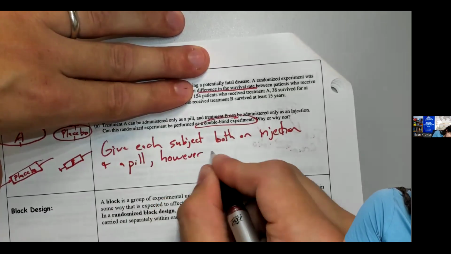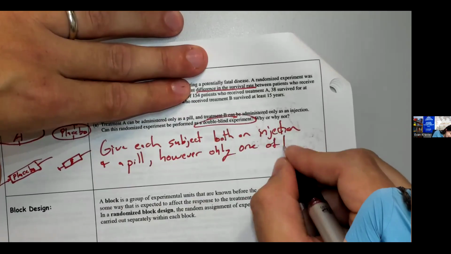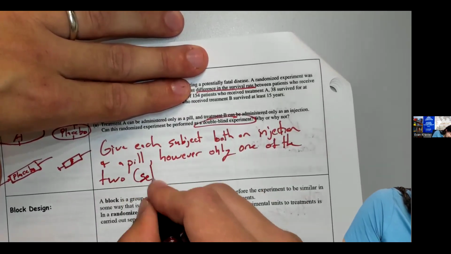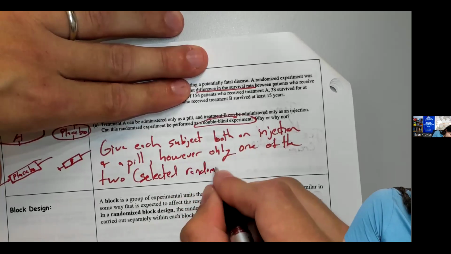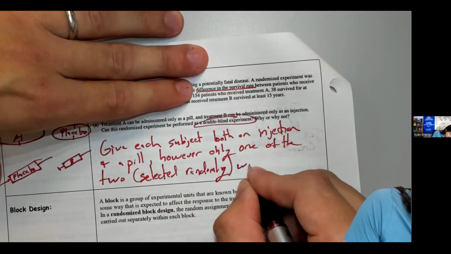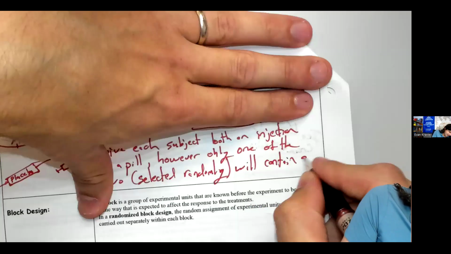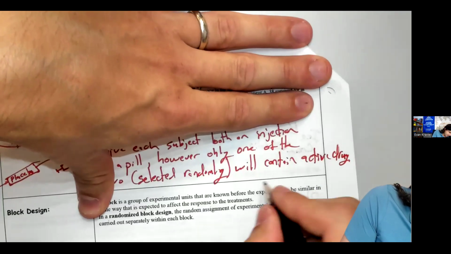However, only one of the two, selected randomly, will contain an active drug. What's the idea?